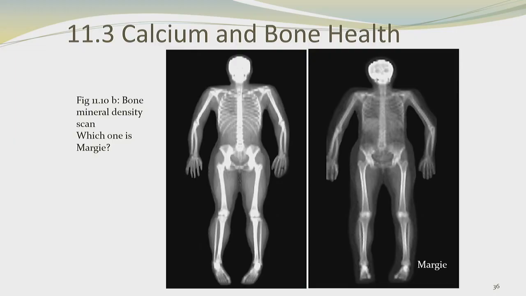And the scan on the left is that of a 24-year-old athlete, and the one on the right is that of Margie, our 75-year-old in the case study. And as you can see, the sharp contrast in the amount of bone mineral present, right? So we can see that definitely the 24-year-old has much denser bones than what we see for Margie.